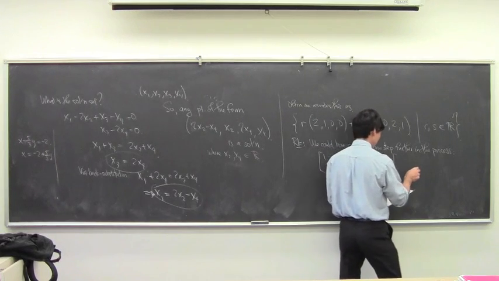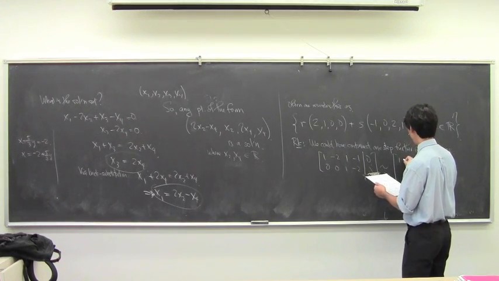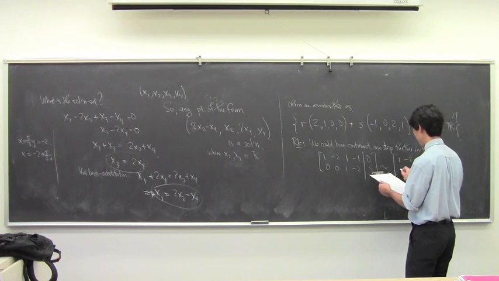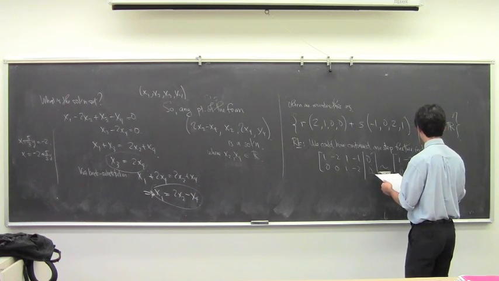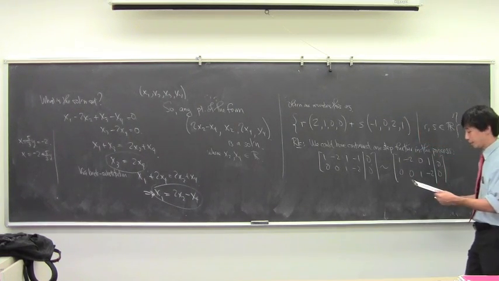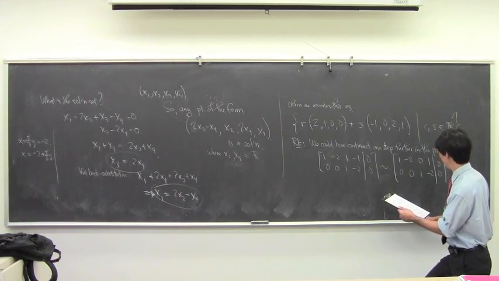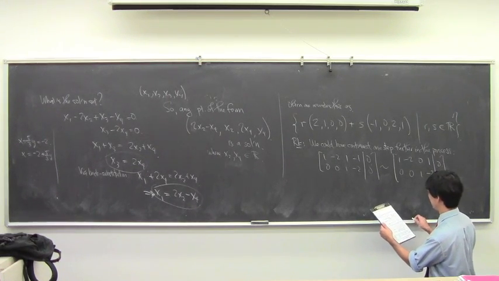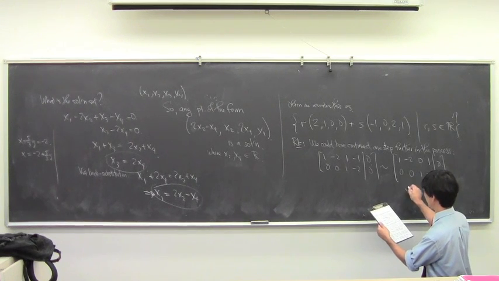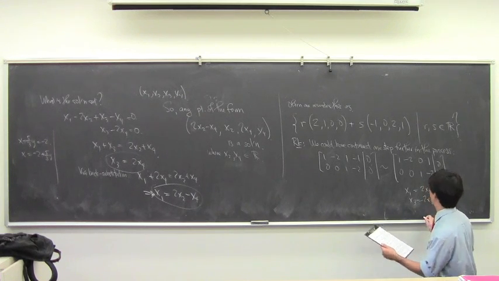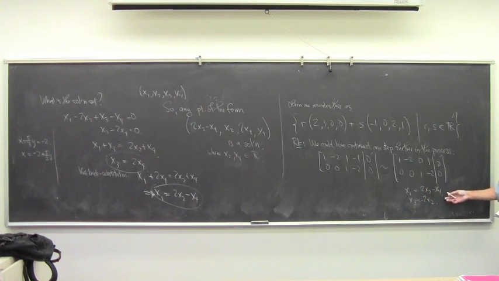You could have gone one step farther and gotten this, right? And then immediately you would have gotten that x1 equals 2x2 minus x4, and x3 equals 2x4. So that would have just done it for you.